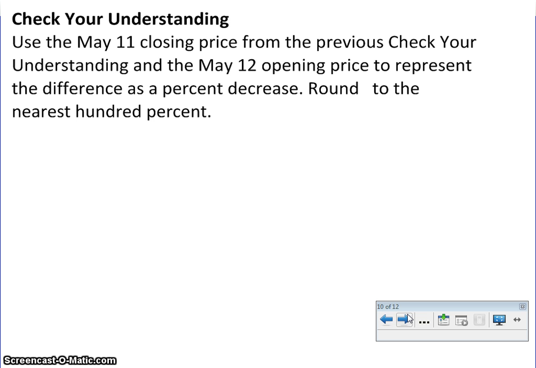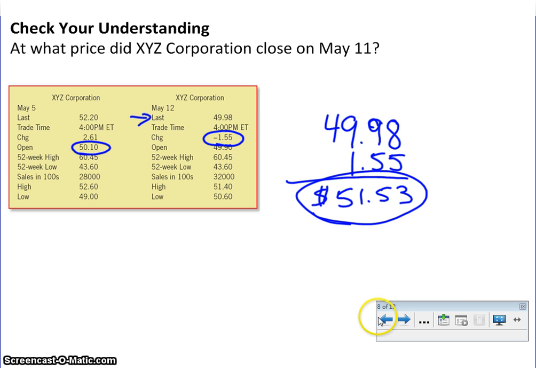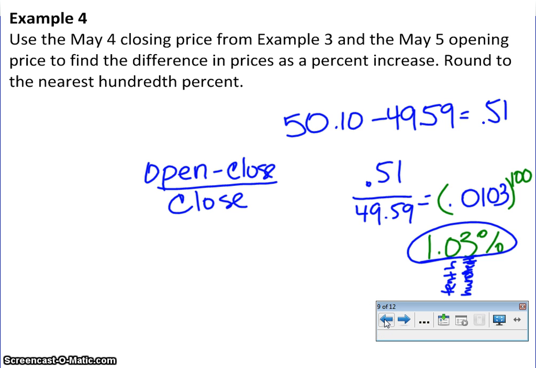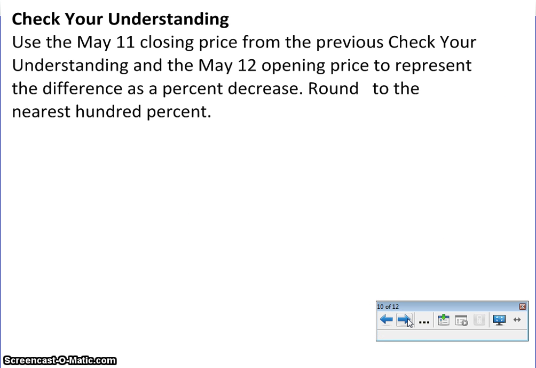Okay, looking at this, on May 11th, the opening price was $49.90. I know it's hard to see here, so $49.90 was the opening price. I know that the closing price was the $51.53. So remember, it's open minus close divided by close.